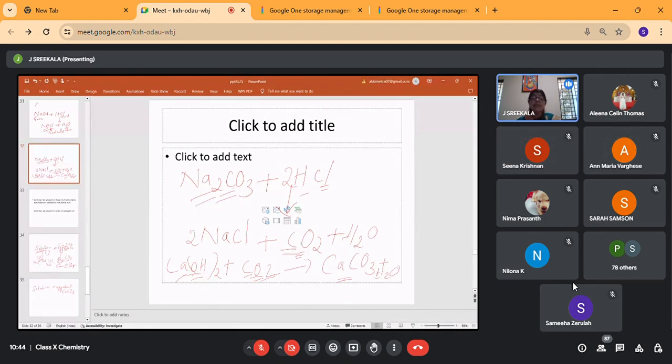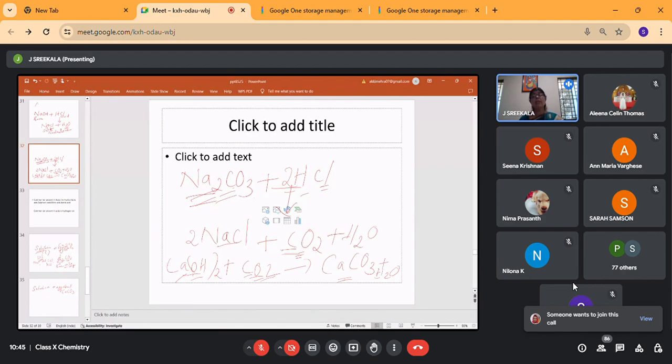One thing, children, when you write an equation, don't learn it by heart. If you want to write a reaction between sodium carbonate and HCl, just write sodium carbonate plus HCl, then guess the products. Sometimes it will be correct, sometimes wrong, but some products will be correct also.